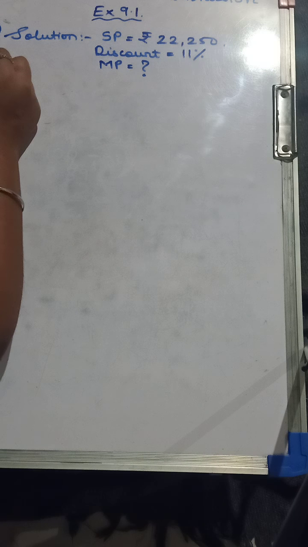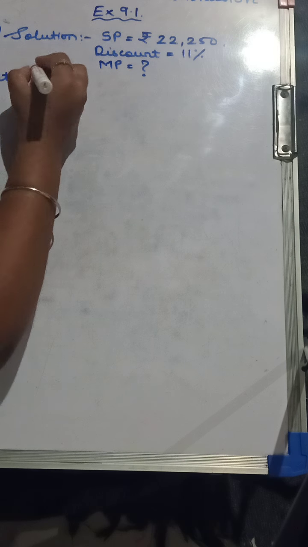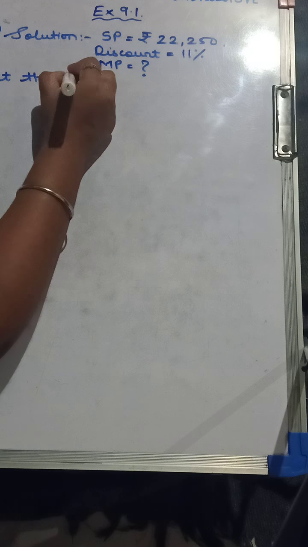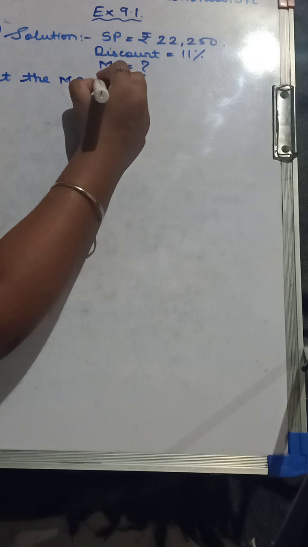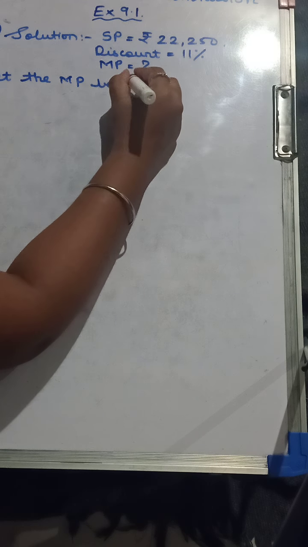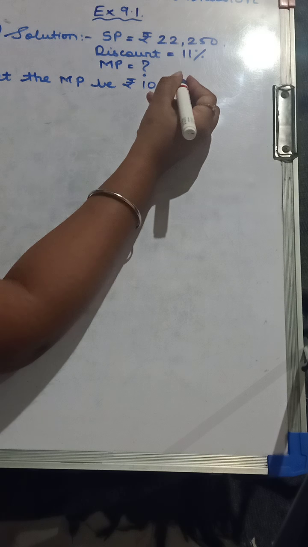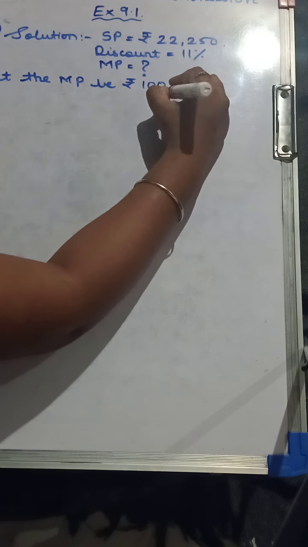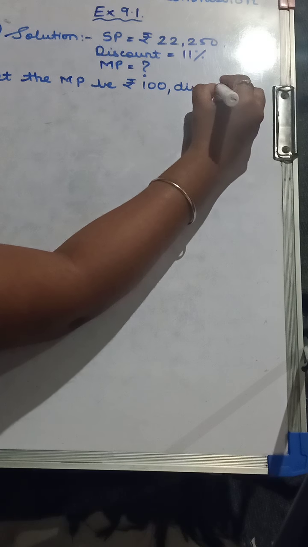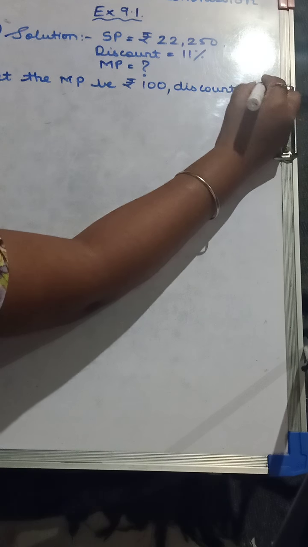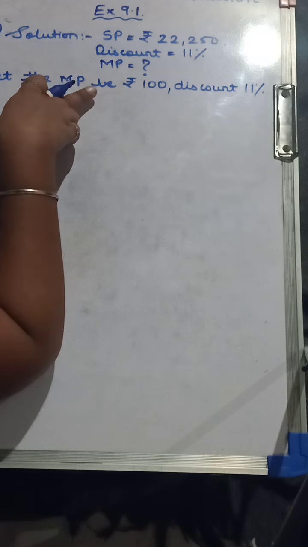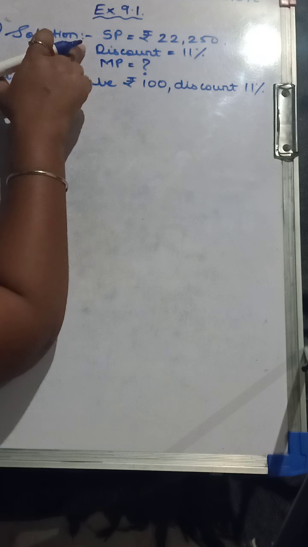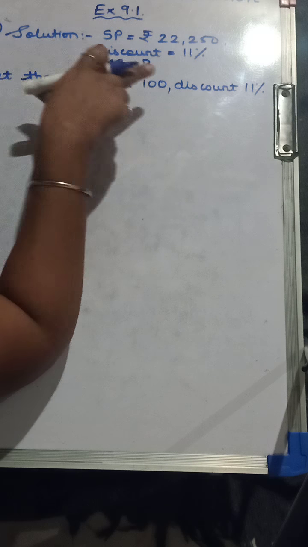So here we are going to start writing, let the marked price be rupees 100. If your marked price is rupees 100, discount is 11%. Okay. To find the selling price, we need marked price and discount.